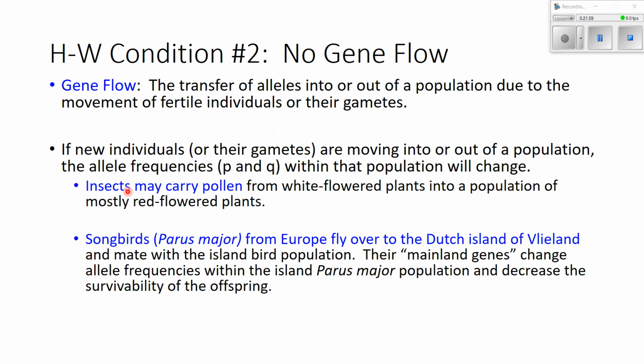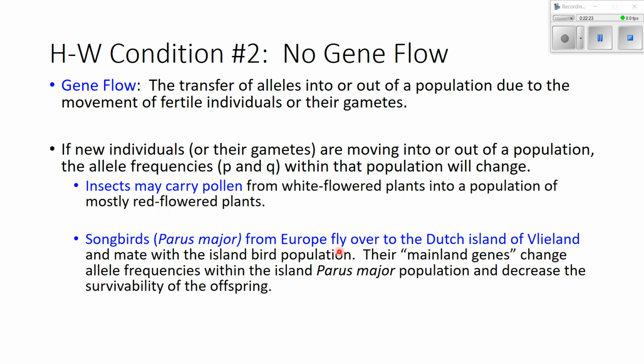So how does this happen? Well, insects or wind might carry pollen from, say, some white-flowered plants, and that pollen might be carried over into a population of mostly red-flowered plants. So automatically, the frequency of the white allele would go up, right, if that happens.